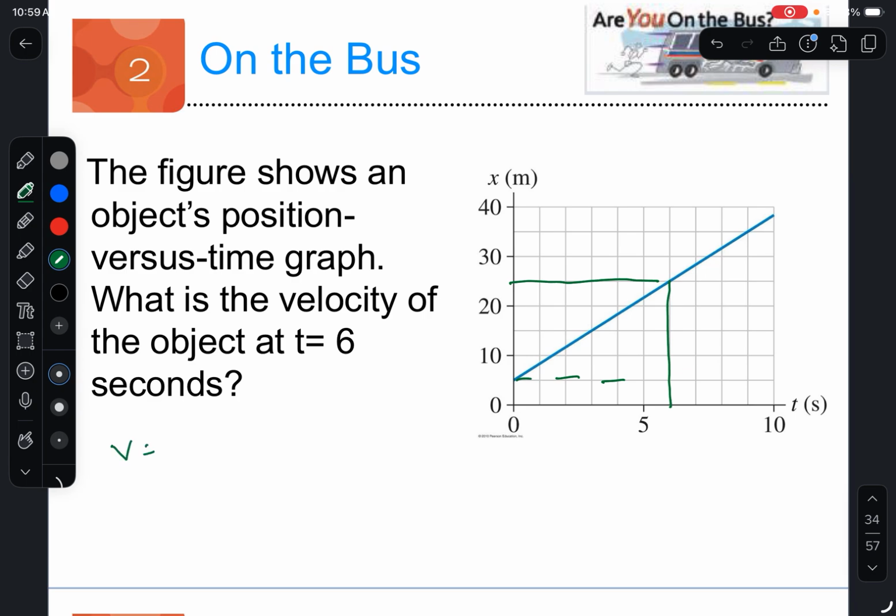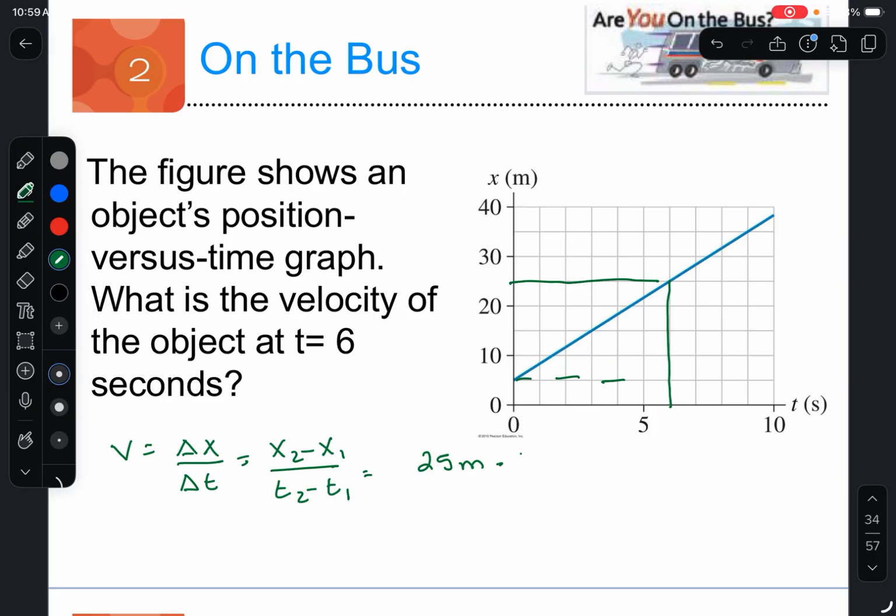My velocity is delta x over delta t, which is x2 minus x1 over t2 minus t1. So I end up at 25 meters.